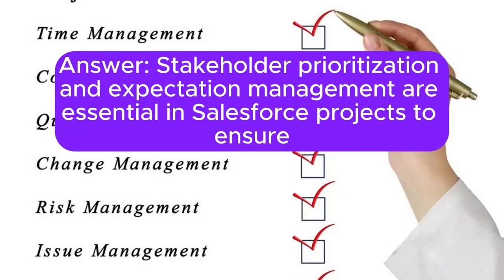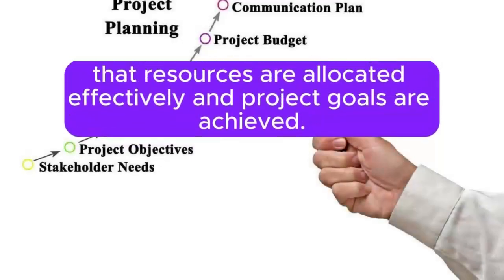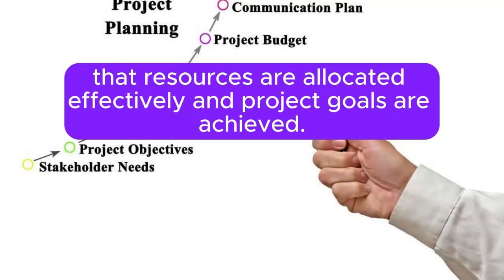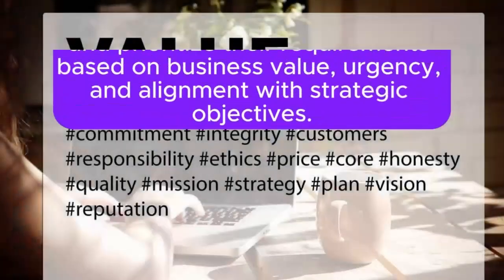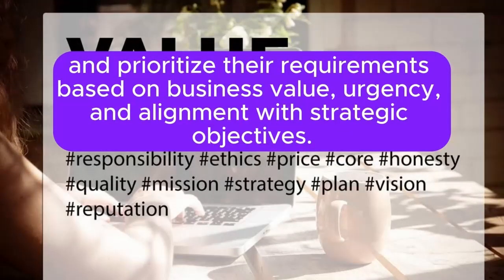Stakeholder prioritization and expectation management are essential in Salesforce projects to ensure that resources are allocated effectively and project goals are achieved. I conduct stakeholder analysis to identify key stakeholders, understand their needs and expectations, and prioritize their requirements based on business value, urgency, and alignment with strategic objectives.